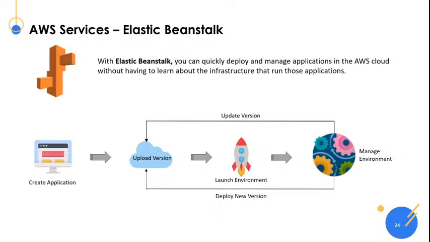So in this, you get a dashboard, right? As I explained earlier, in platform as a service, you get only a dashboard. So in Beanstalk, all you get is a dashboard, and you don't get access to the operating system, etc. Everything is pre-configured, right? And all you do is you say that I need a PHP server.